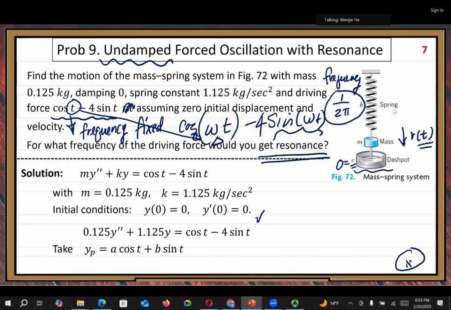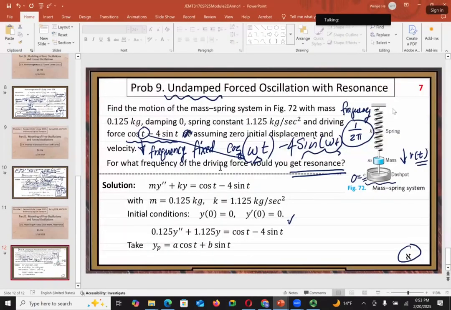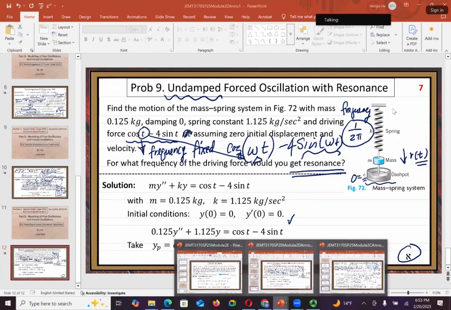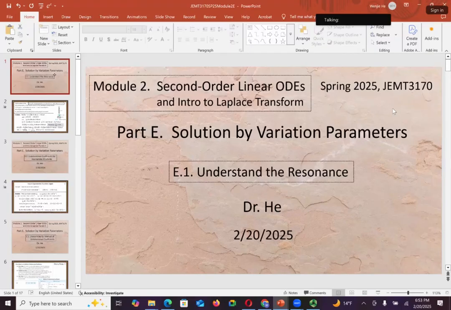Next I will start part E. I still have a few minutes, so let me see what is in part E. The title is Solution by Variation of Parameters.